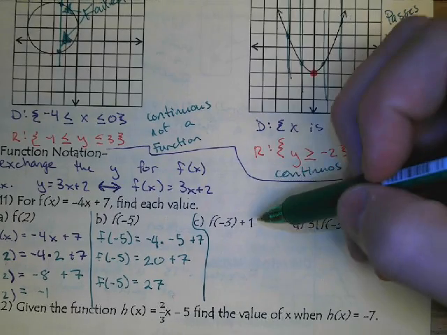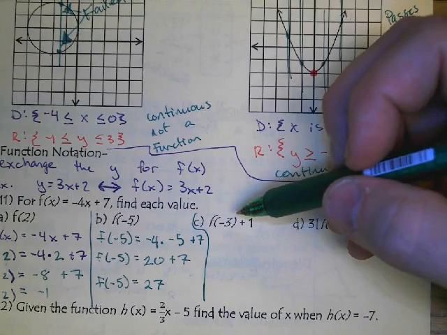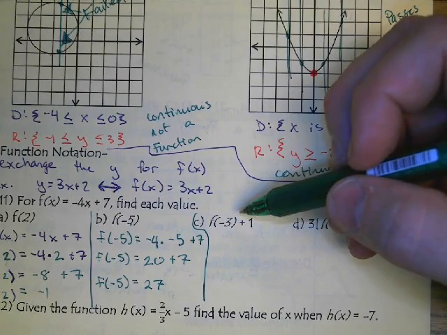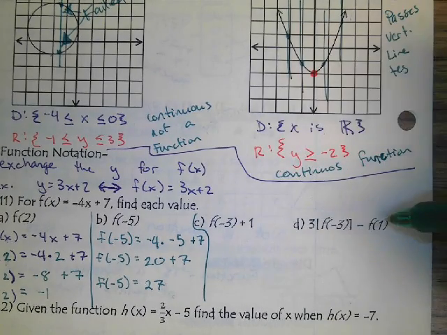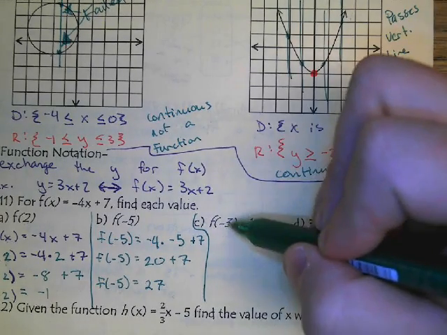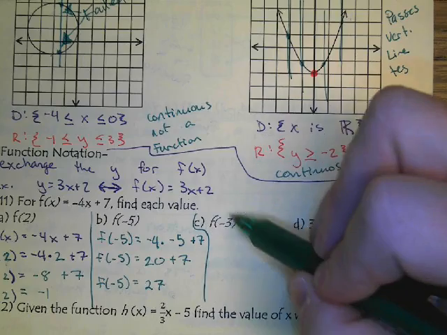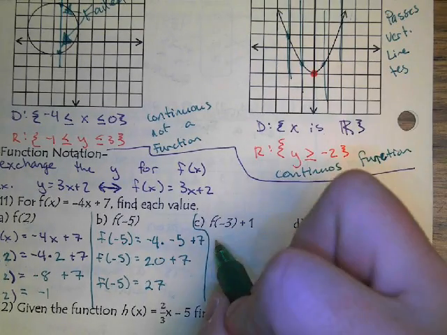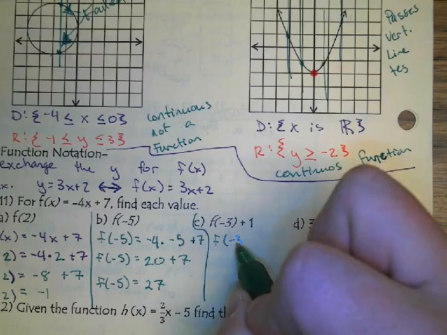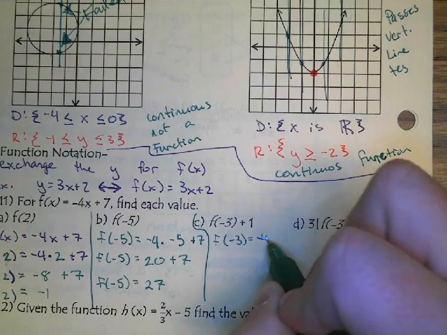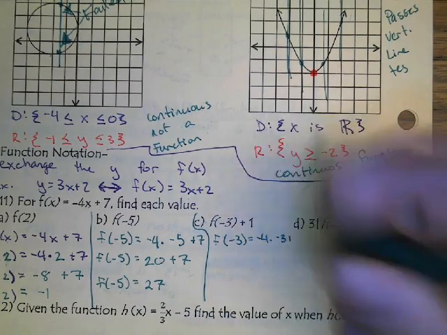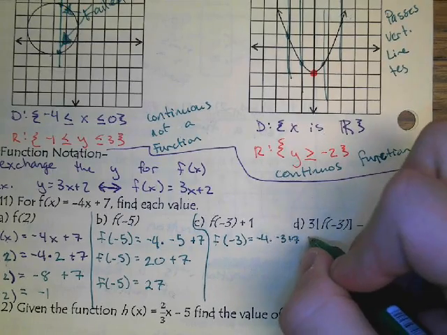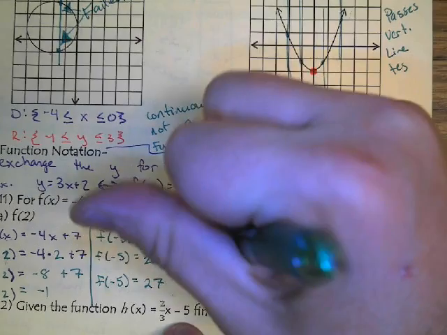So on these next two, all I'm really going to do is plug in my negative 3 into my function, and then whatever I get as an output after I plug that negative 3 in, I'll add 1 to it. So we'll have f of negative 3 is equal to negative 4 times negative 3, and then plus 7, and then I end up adding 1 to it.